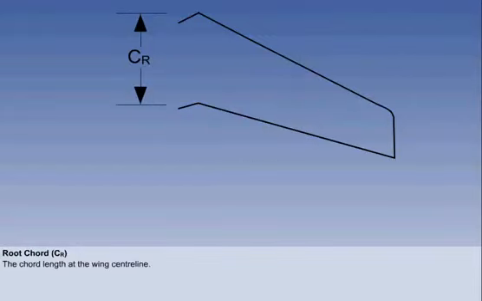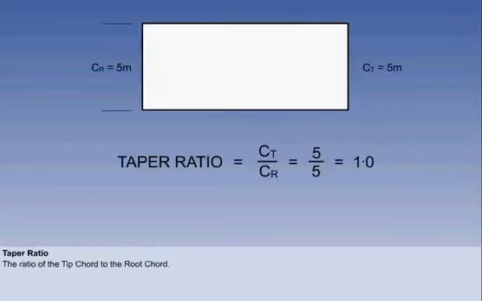Continuing with the terminology, we have root chord, which is the chord length at the wing centerline, denoted by CR. Logically, at the other end of the wing is CT, the tip chord. The ratio between these two is known as the taper ratio, CT to CR. The taper ratio affects the lift distribution and the structural weight of the wing.